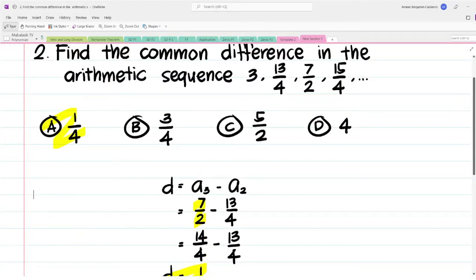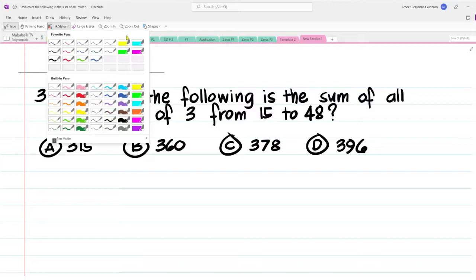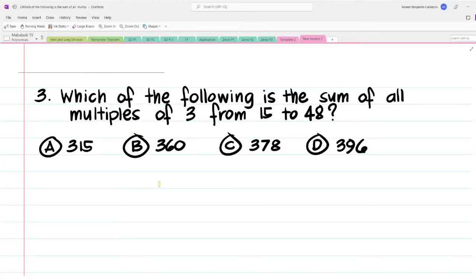Let us proceed to our third problem. Which of the following is the sum of all multiples of 3 from 15 to 48? There are certain items here that will cause confusion to all of you. First, what are these multiples of 3?